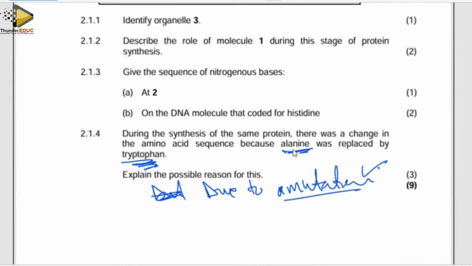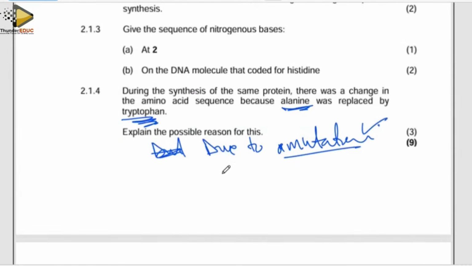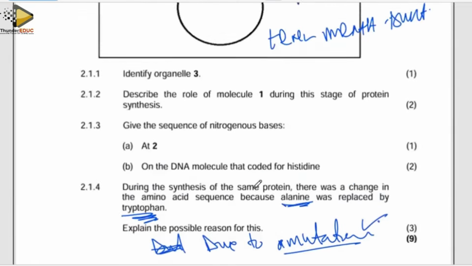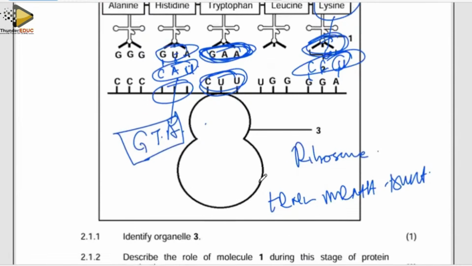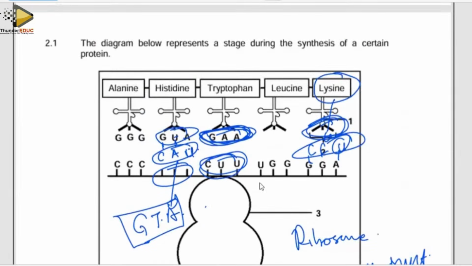If you mention that it's a change, you might get a mark. So what are the other 2 marks? They say that alanine, which is GGG, was replaced with tryptophan, which is GAA.